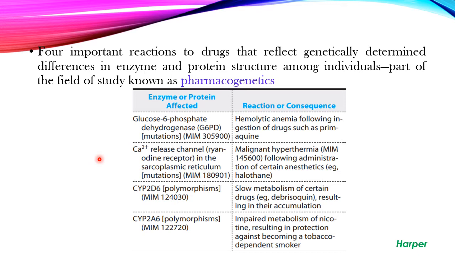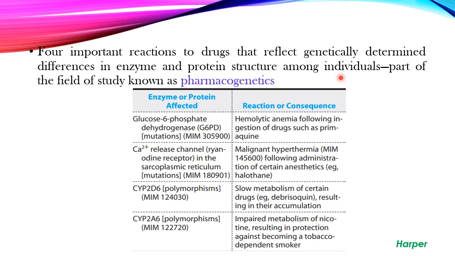This is because everyone has their own unique genetic material or genome. Today we are going to see 4 important responses generated against drugs, and these responses are always different in every individual just because of the alteration in the enzyme and protein structure in that specific individual.